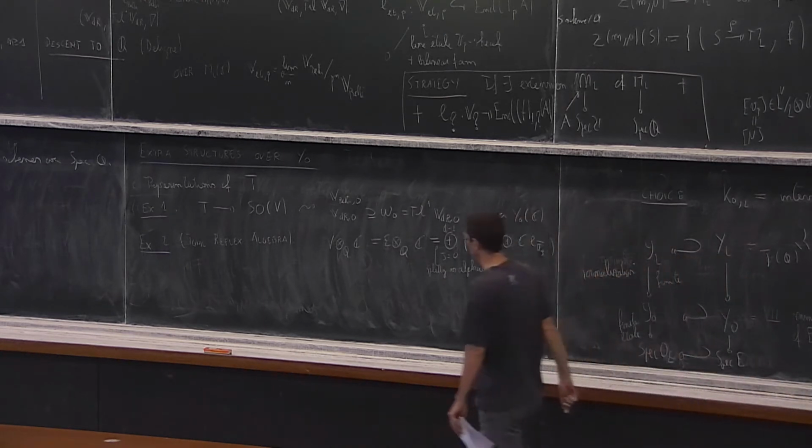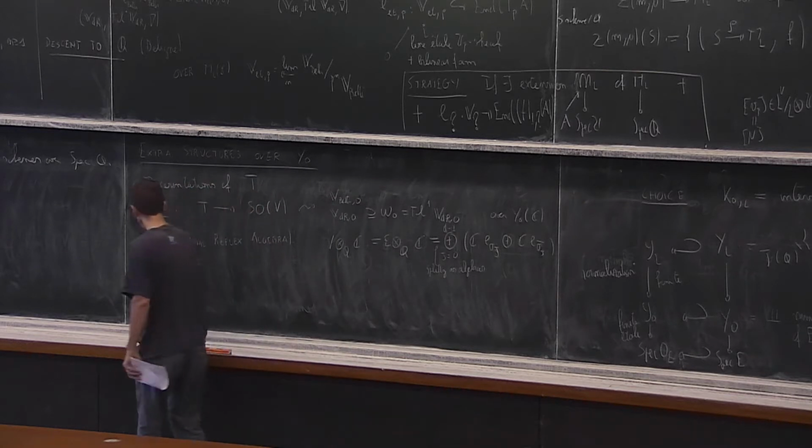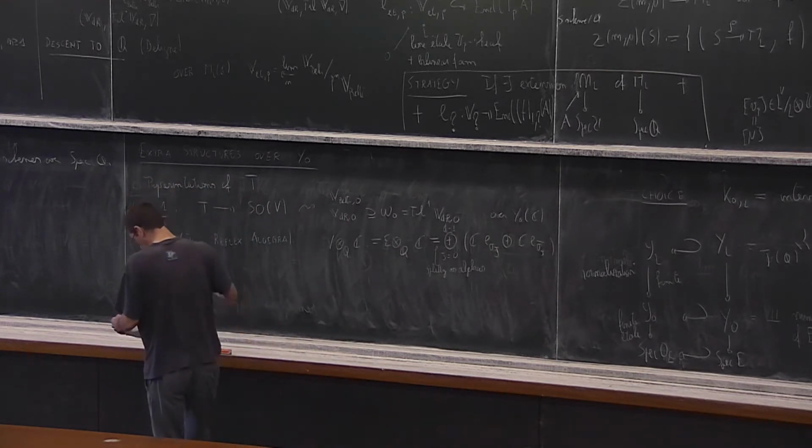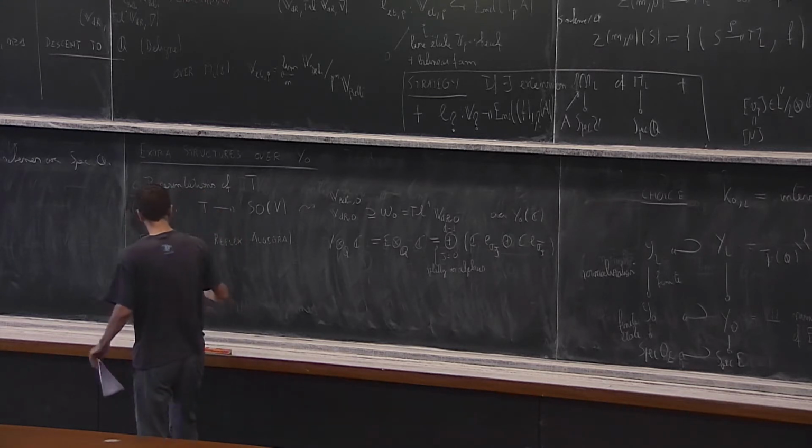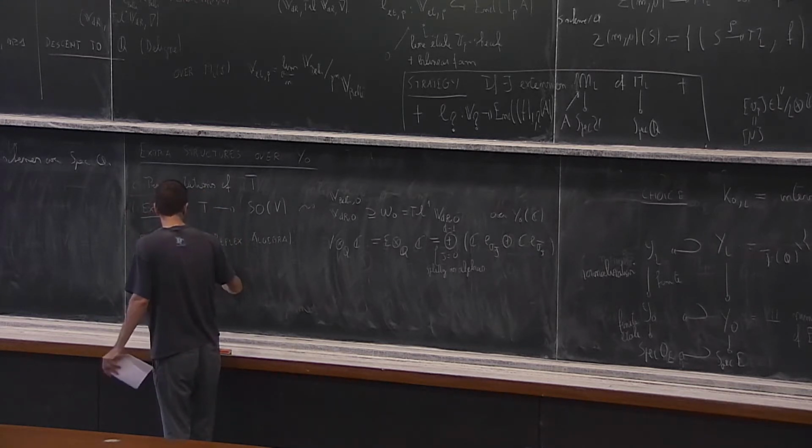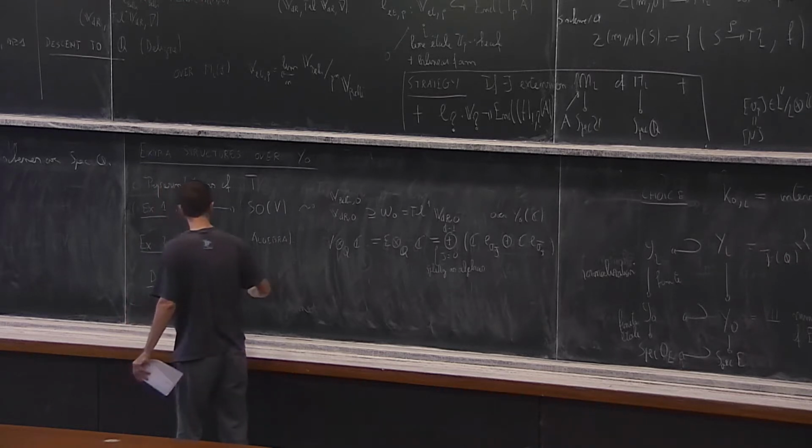Okay? So in particular, I define, let me write a generic rho in Hom(E, C).